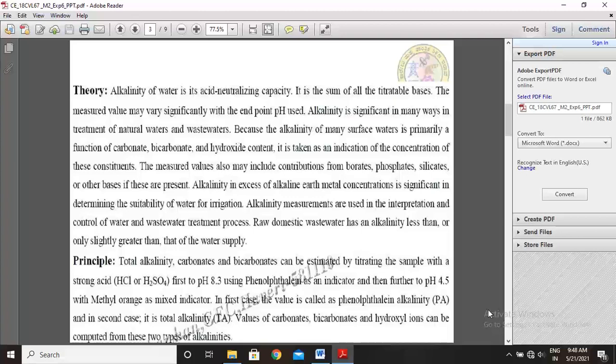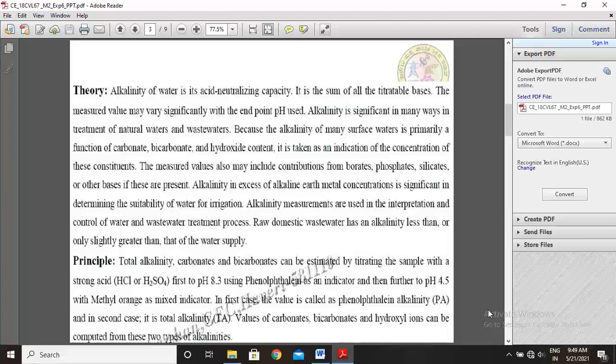Raw domestic wastewater has an alkalinity less than or only slightly greater than that of the water supply.